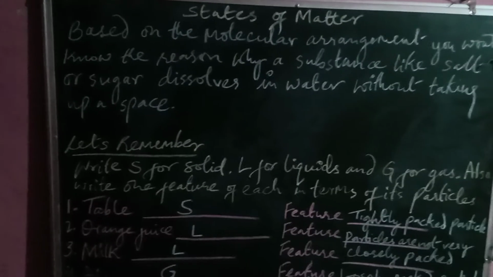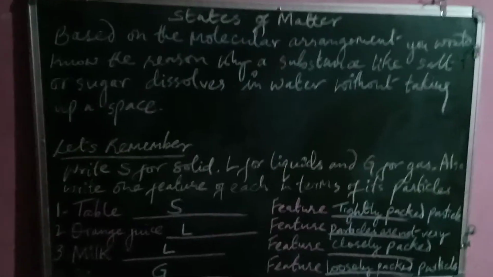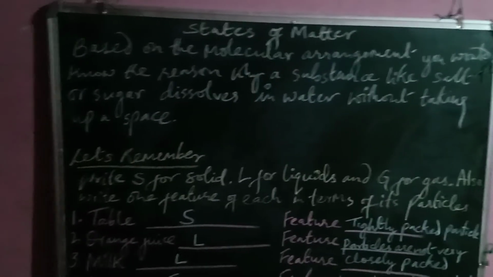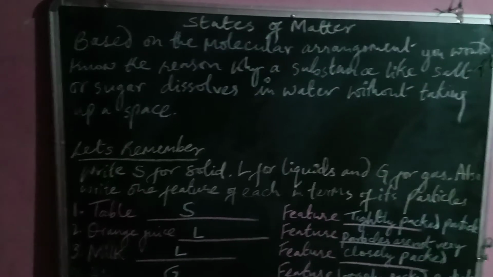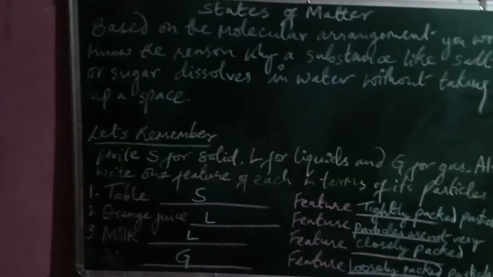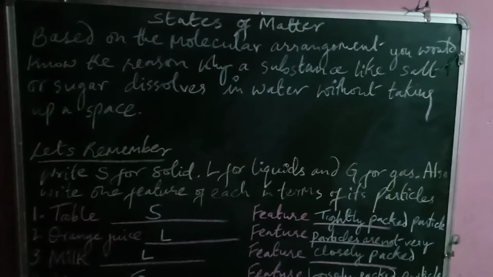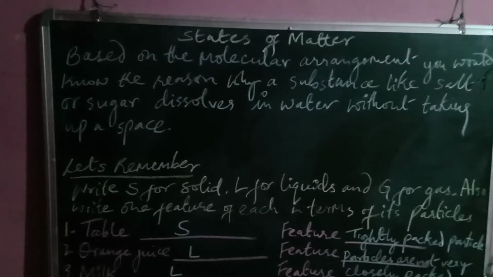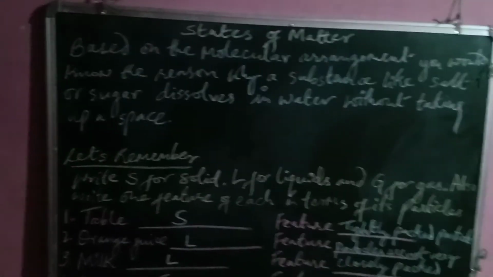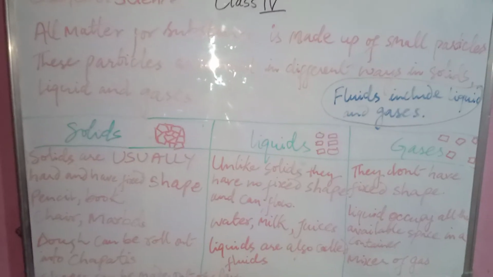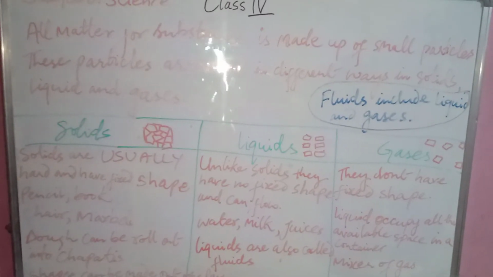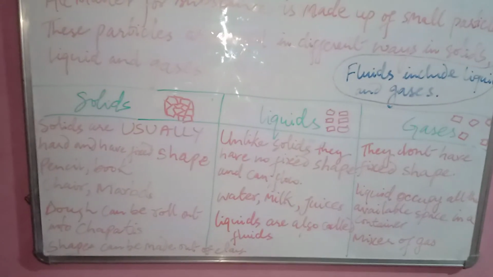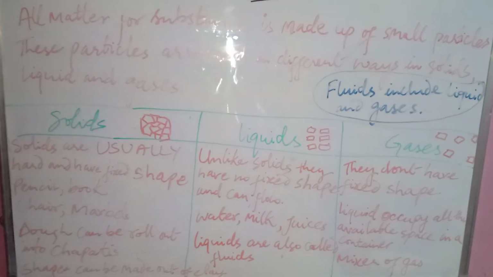When you put salt or sugar in water or milk, it easily dissolves. Solids usually are hard and have a fixed shape; examples are pencil, book, chair, and marbles.